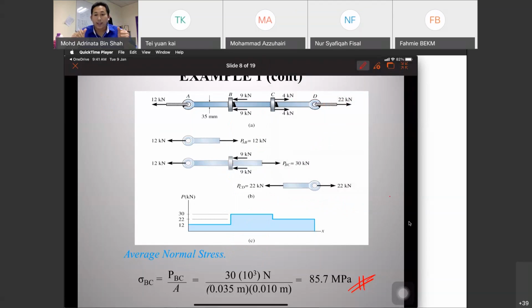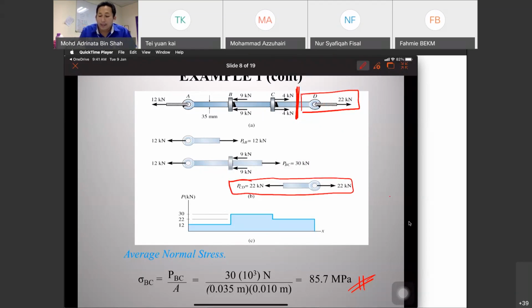Okay. So sekarang ni, the question is kenapa tak ambil kira 4 kilonewton? Sebabnya 4 kilonewton, we cut it here. Cut it here. Then we look at this side. Okay. Kita buat the other side.